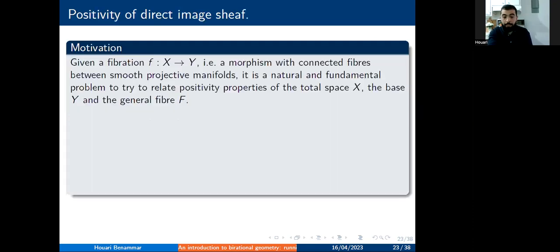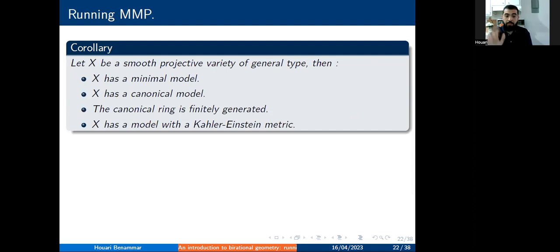Okay, I finish this part by seeing what happens in a very smooth, very restricted picture. If X is a smooth projective variety of general type, then X has a minimal model and a canonical model, and the canonical ring is finitely generated.